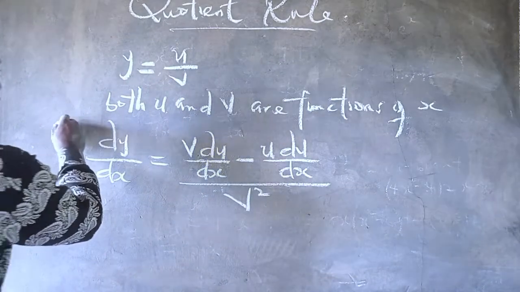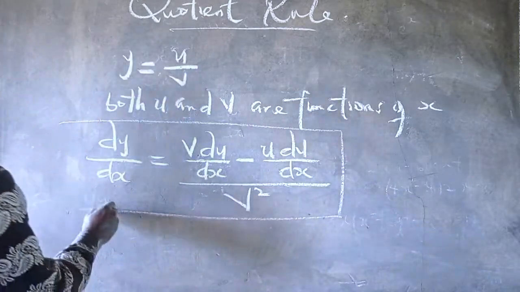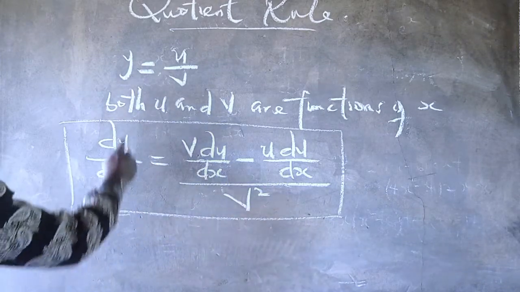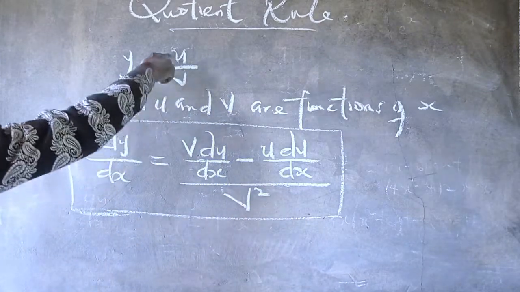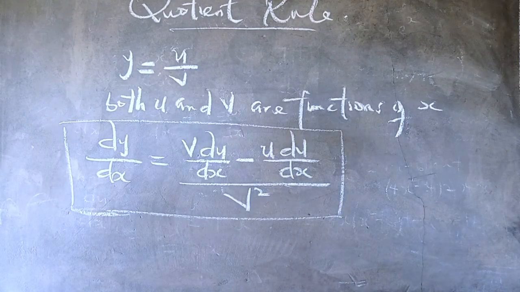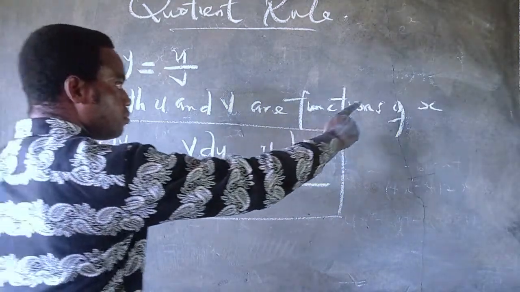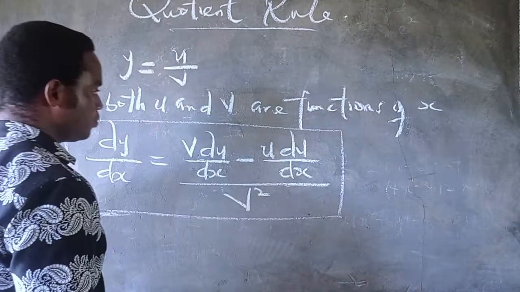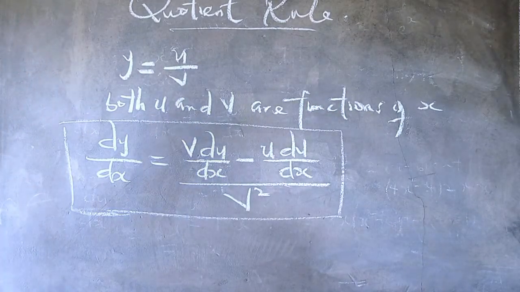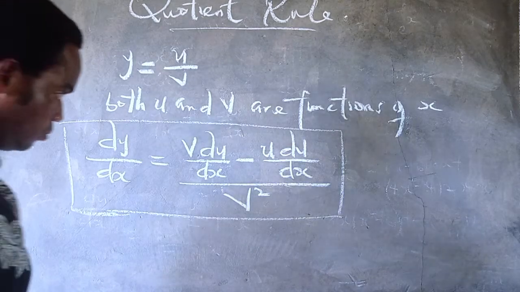I hope you understand what this implies. You will obtain v, the derivative of u, the derivative of v, and you square v. You should remember this formula. You should also know that u and v have to be functions of x.